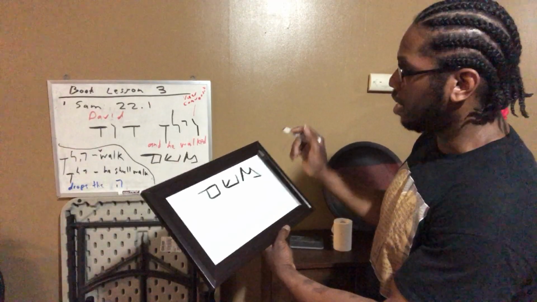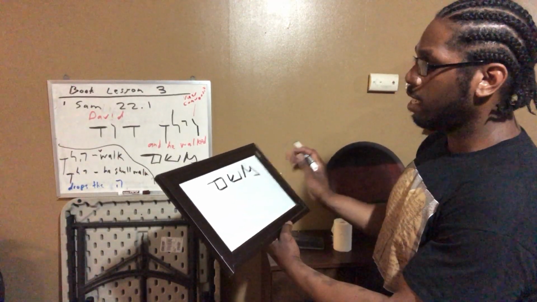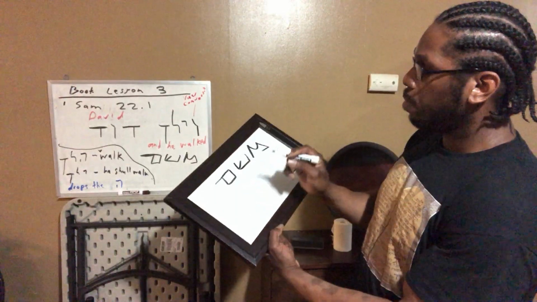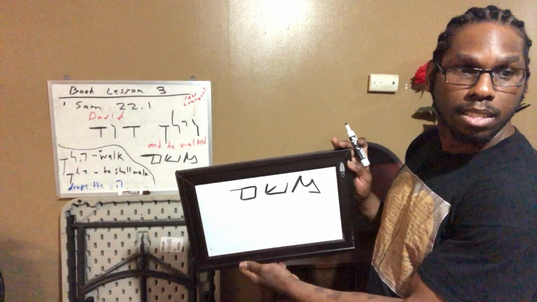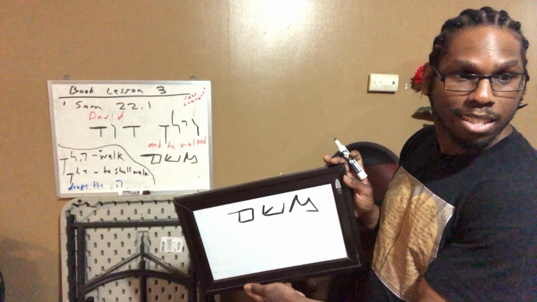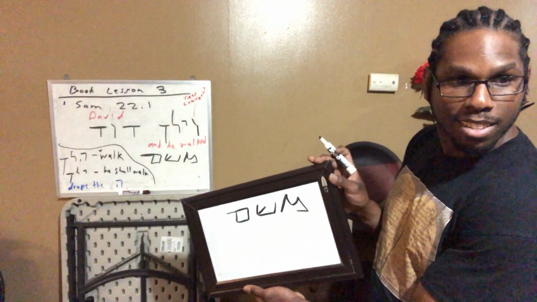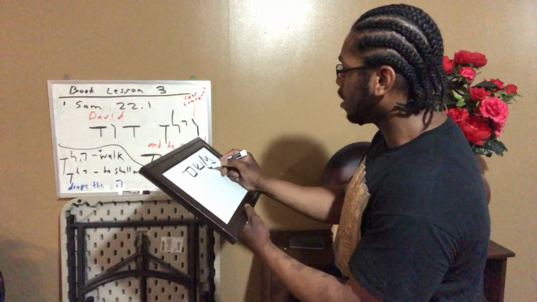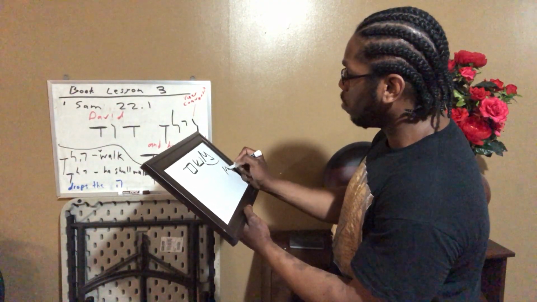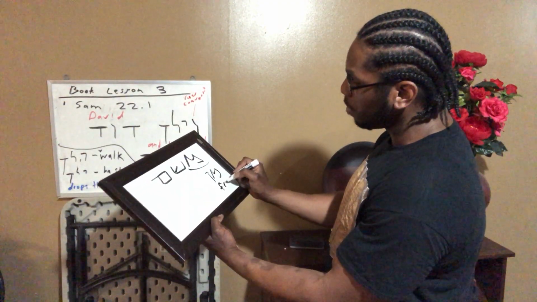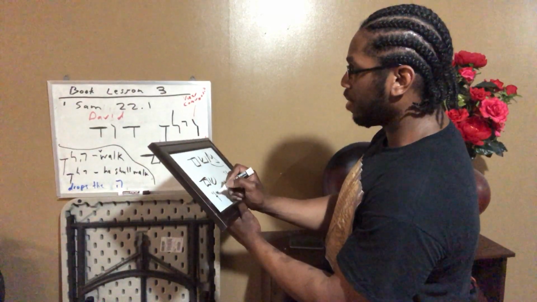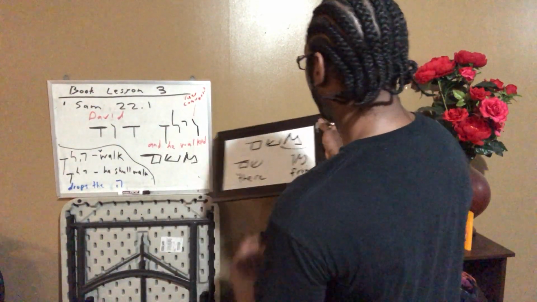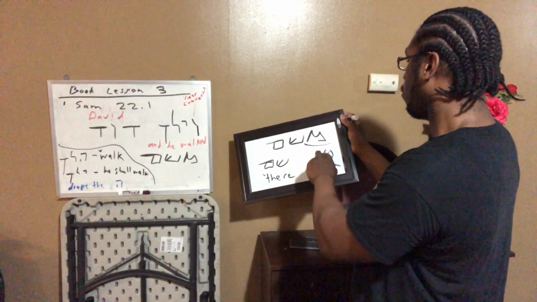Now, we understand that this is two words together. It means from. This is the participle, like we went over before, min, from, and this is sham, there.